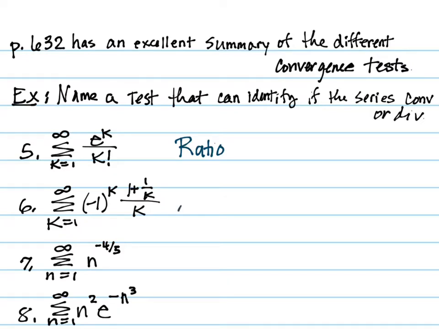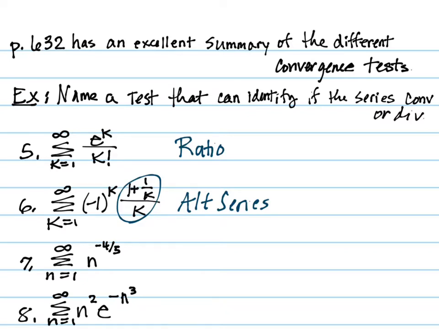Alternating series. So why might alternating series be a good choice on that one, Caleb? It's got the alternating negative 1 at the beginning. And? What happens to this piece? It decreases. Yeah, it decreases, right? It goes to 0. So those two things combined together will make that one work really nicely.